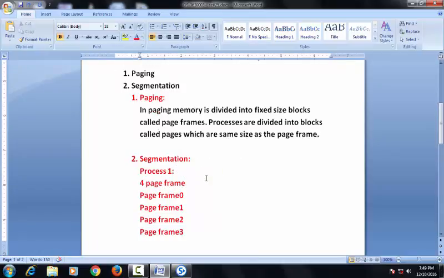So process 1 is divided into 4 different page frames. Each page frame is equal in size. You can consider each page frame to be of size 2K.